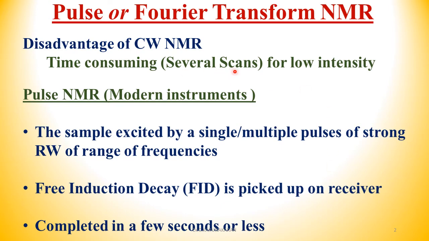Continuous wave NMR is time consuming, whereas in pulse NMR, the measurement is completed in a few seconds because we use a radio wave pulse of a range of frequencies. We'll see the principles of it in the slide.